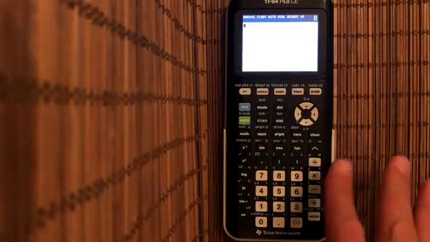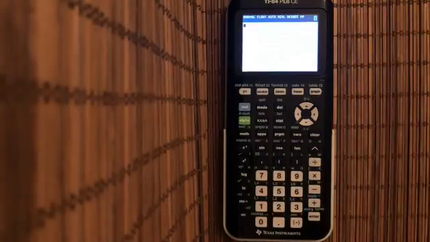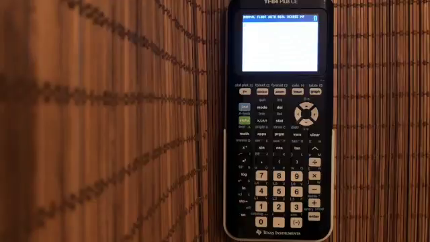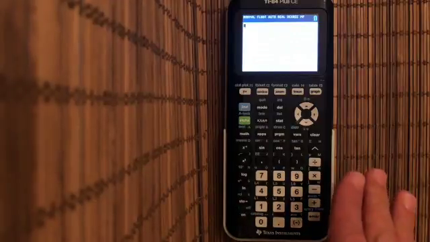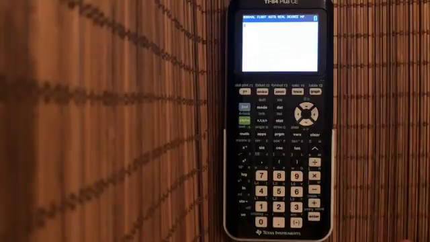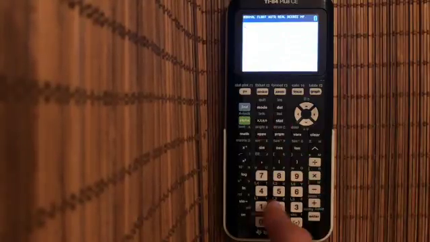Another thing that's important to know how to use on the TI83 and TI84 is that scientific notation format. You will get on the ACT from time to time questions that involve the use of scientific notation. So how do you work with that?